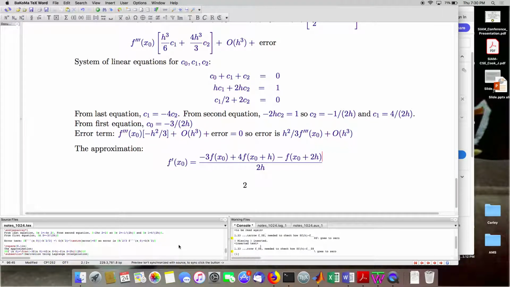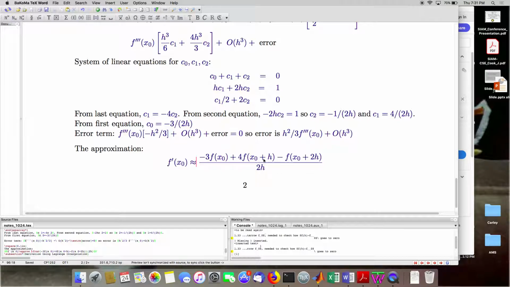And really it's approximately equals in this case. So filling in the coefficients we got, that's our numerical differentiation rule. Notice it only uses information about f to the right of x naught. I didn't use f of x naught minus h or minus 2h. Only points to the right.